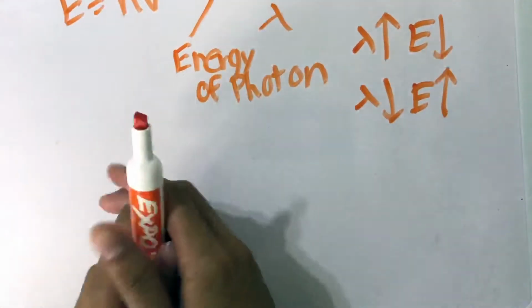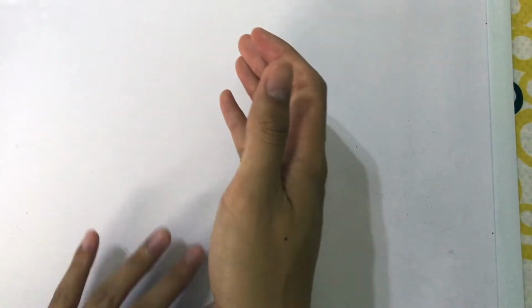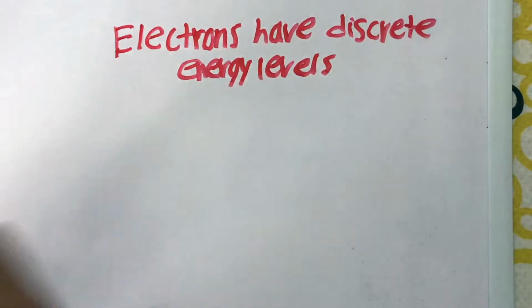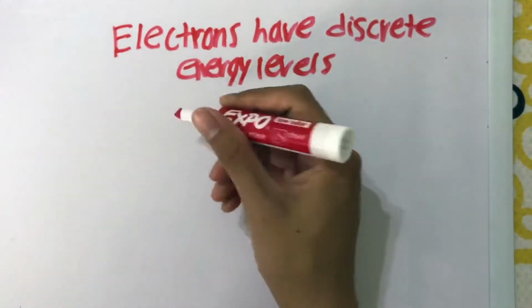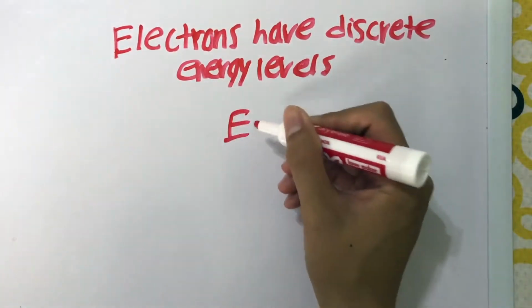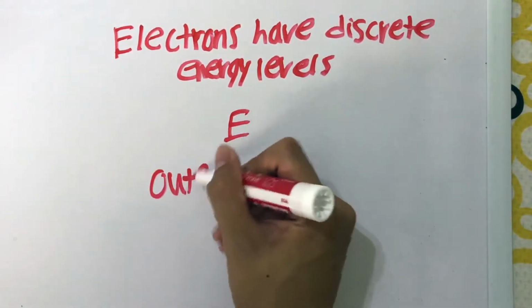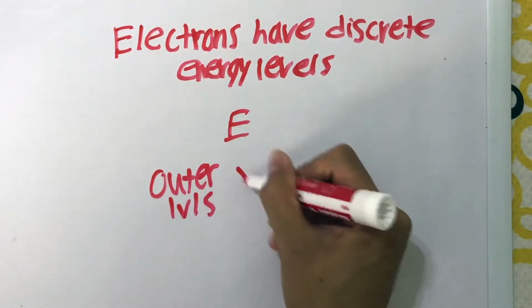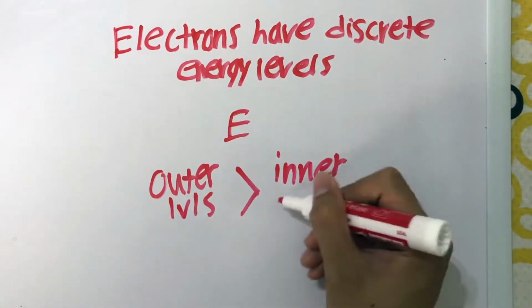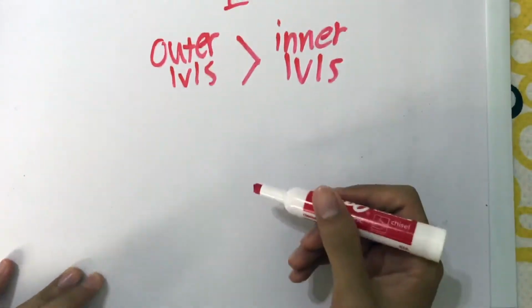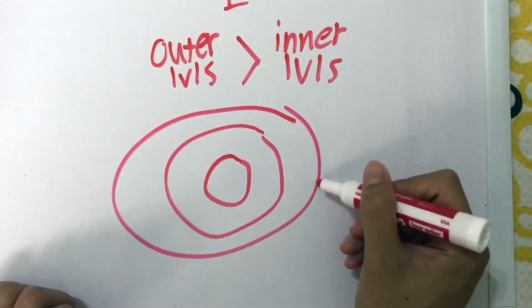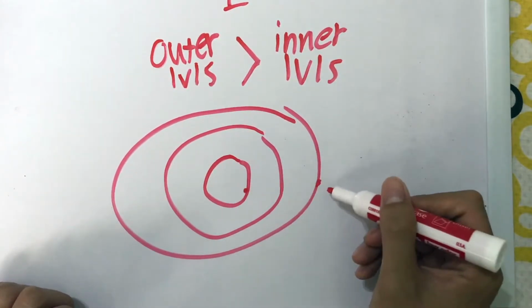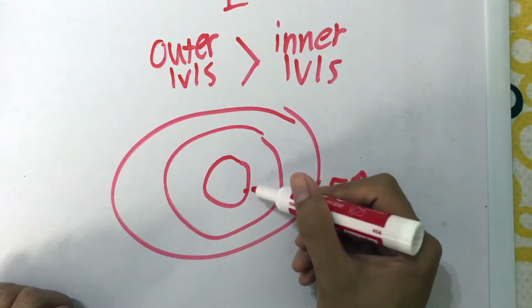Now that we have reviewed the energy of a photon, we should now address the fact that electrons have discrete energy levels, and that outer levels will have a greater energy than inner levels. So let's say this is energy, and that outer levels are greater than inner levels. We can represent this on a diagram by drawing an atom with its circles, and these outer levels right here will have higher energy than here.